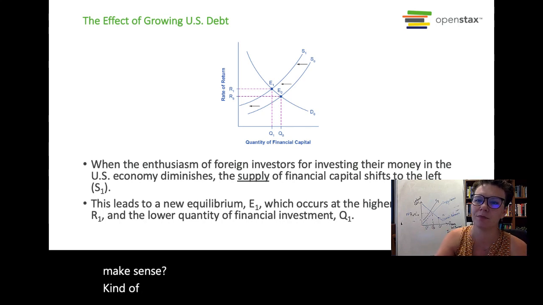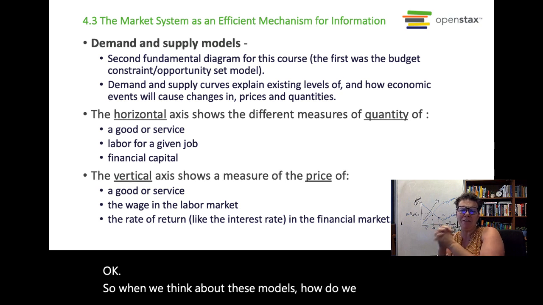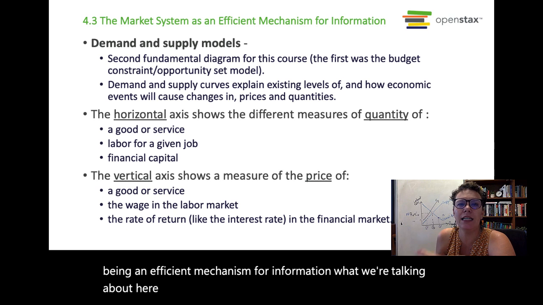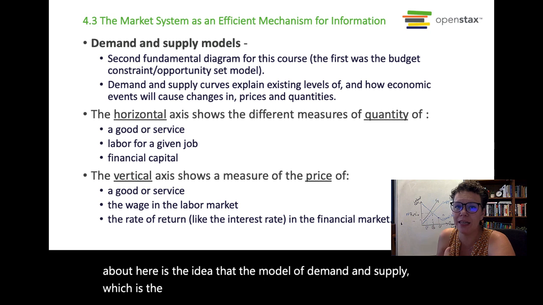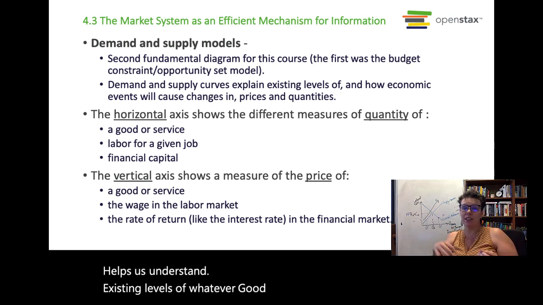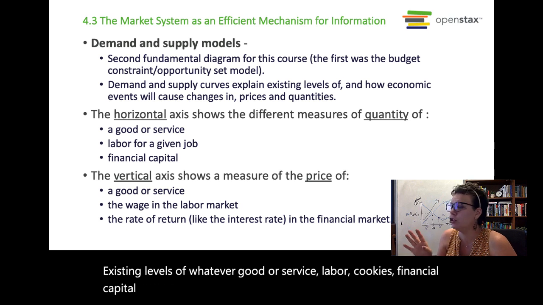Kind of? Okay. So when we think about these models, how do we explain them being an efficient mechanism for information? What we're talking about here is the idea that the model of demand and supply, which is the second big fundamental model in this course, helps us understand existing levels of whatever good or service, labor, cookies, financial capital, nurses, shoes.